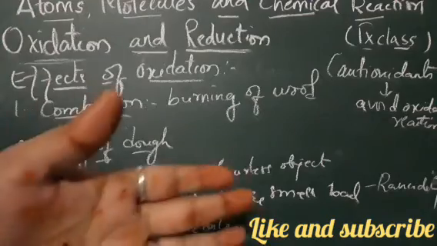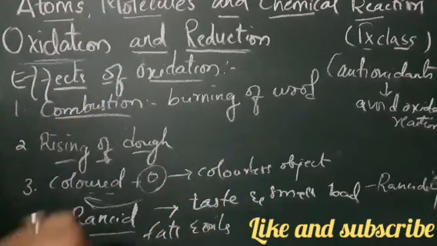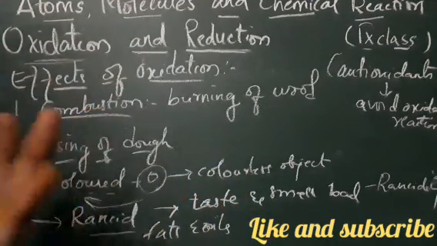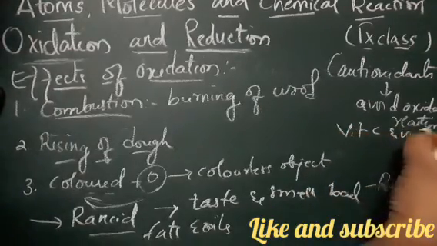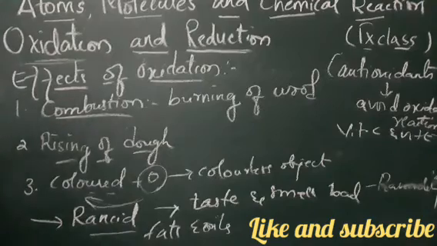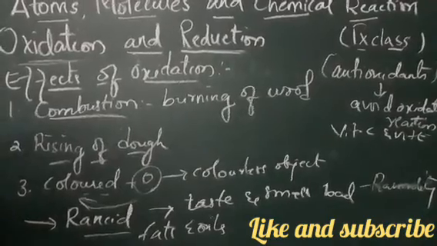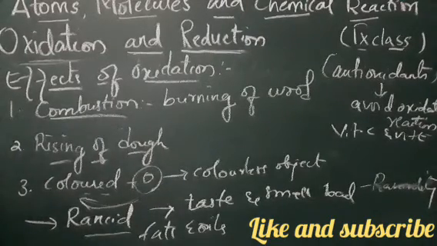For example, the spoilage of food can be prevented by adding preservatives like vitamin C and vitamin E. Substances which prevent oxidation are called antioxidants, and these are added to food containing fats and oils.